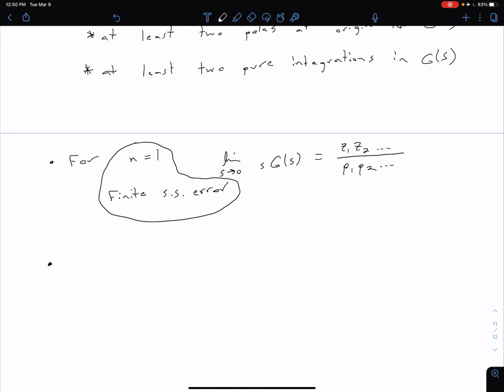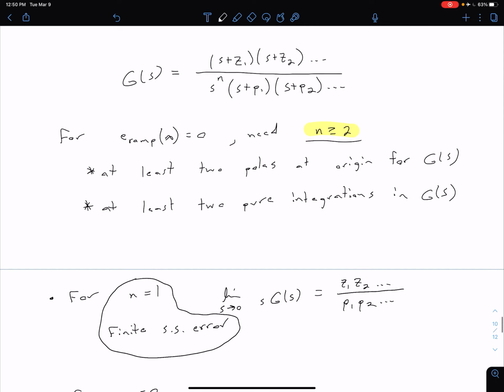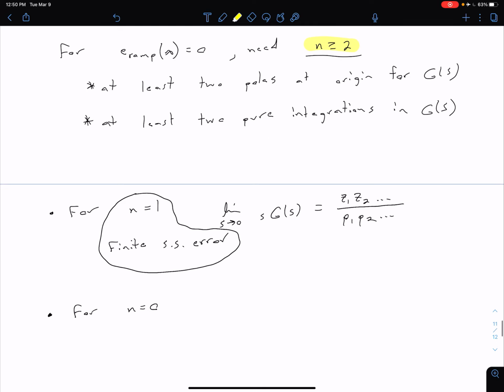Now that we have more ability to go down still, we can ask, what happens if we have the case of n equals 0? And so again, we're just adjusting this exponent up here. So we have s to the 0, so that's just going to become a 1. And so now we're still going to have this s up here. And so what we're going to see is that the limit is going to go to 0.